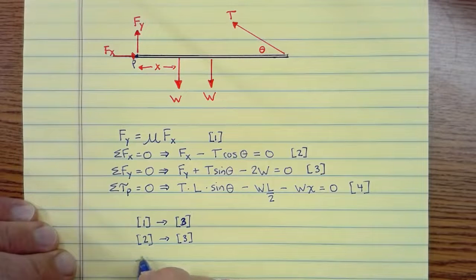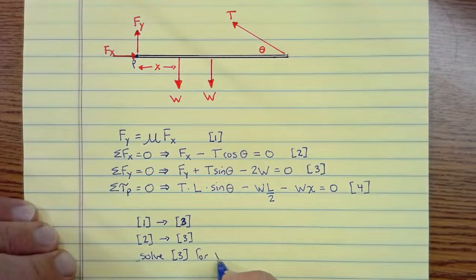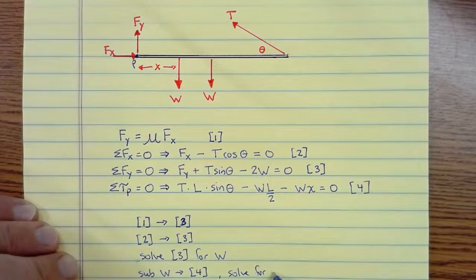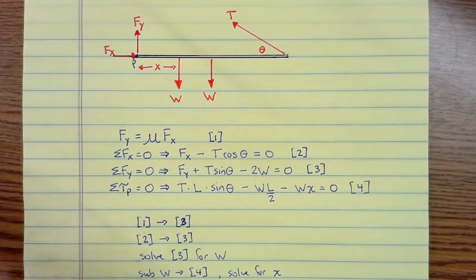And so you want to solve what's left of equation 3 for W. And then lastly, you can substitute this W that you find into equation 4. And when you do that, all the T's will cancel, and you can solve for x, the minimum distance for this last weight.